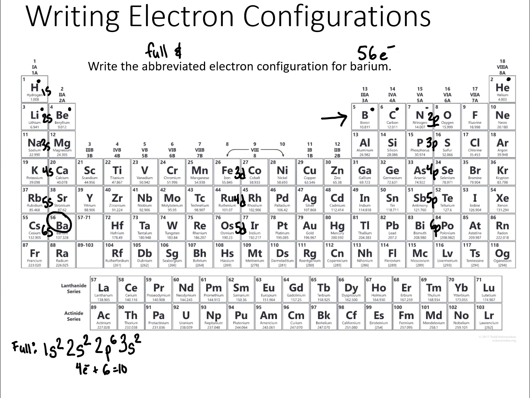So let's make sure to keep track with our dots. We fill the 2p, then the 3s. Then we fill the 3p with another 6 electrons. That's 18.